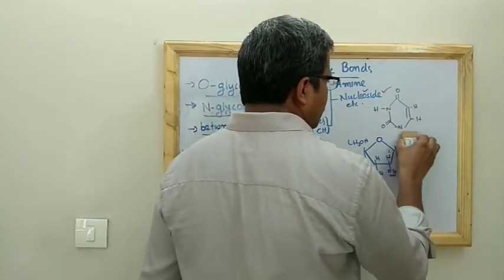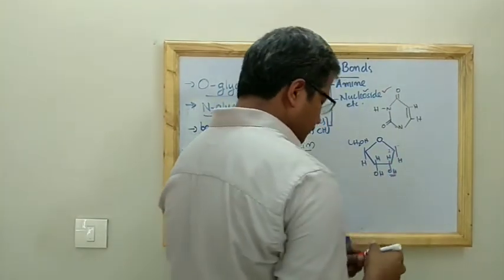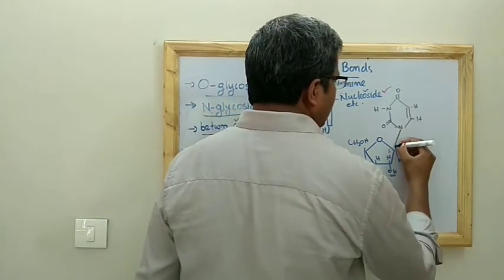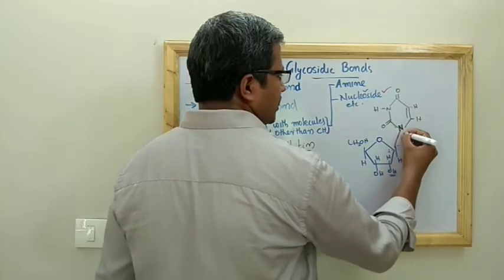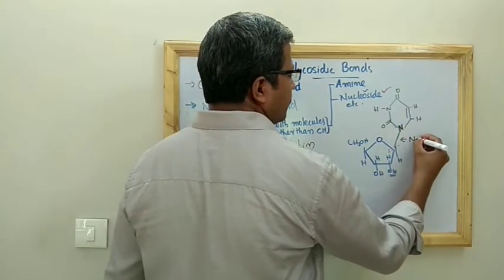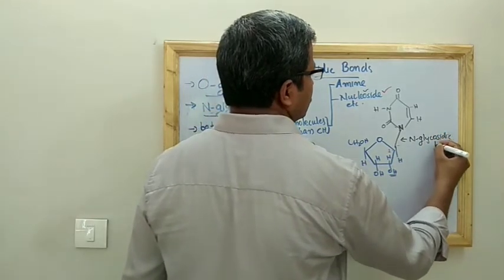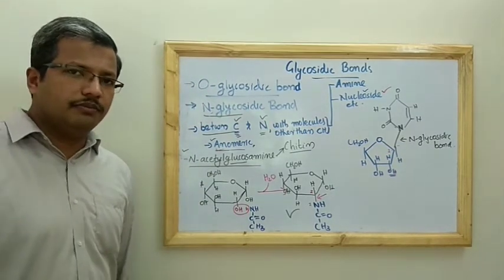So the base will be linked with this particular ribose through this nitrogen. Now this one is the N-glycosidic bond.